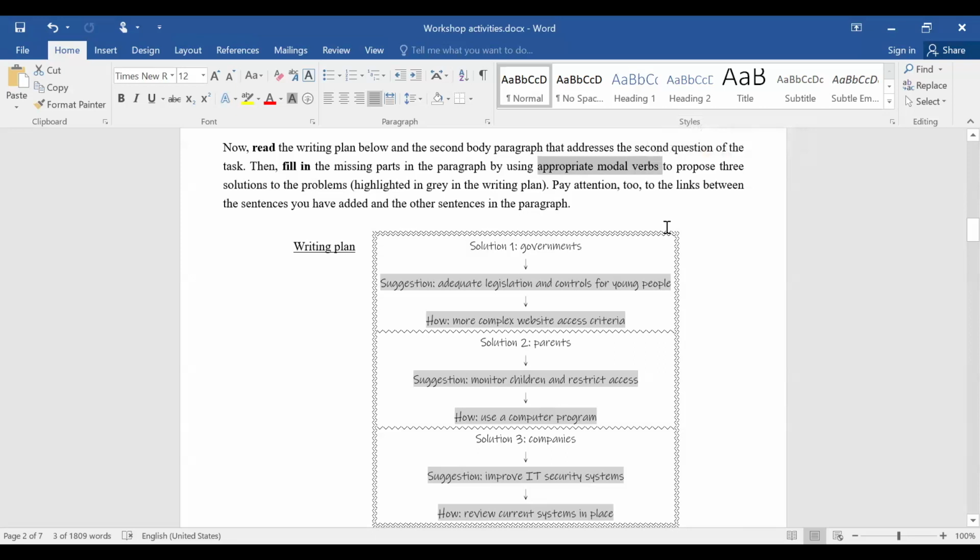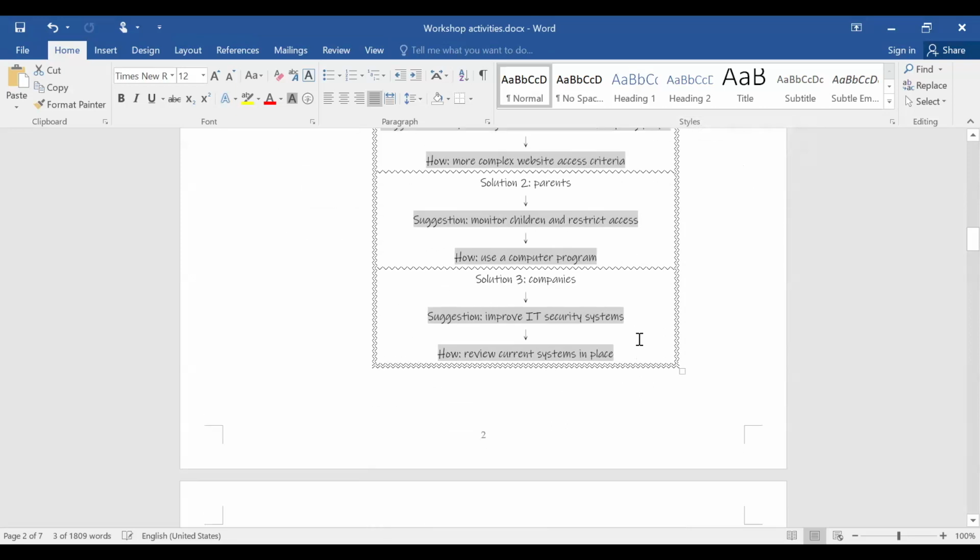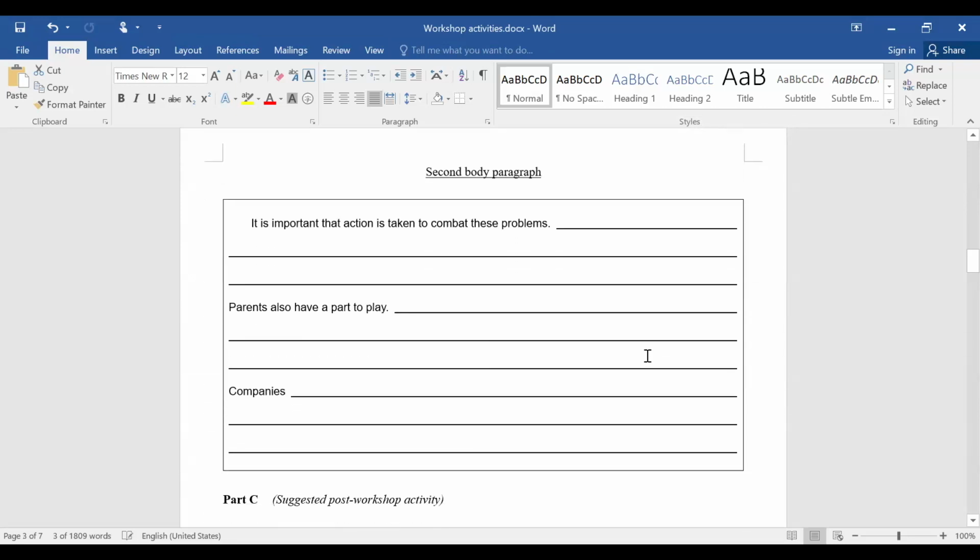You know what you are told to do now? Okay. So, this time the gaps in the paragraph are longer, right? So I think you may need more time to work on this paragraph.